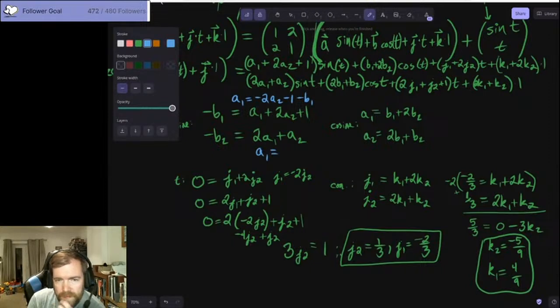A1, you know what, fine. 2A1 is going to be negative A2 minus B2, so negative 2A1 is going to be positive of those. So up top, this is going to be negative 2, that's A2.